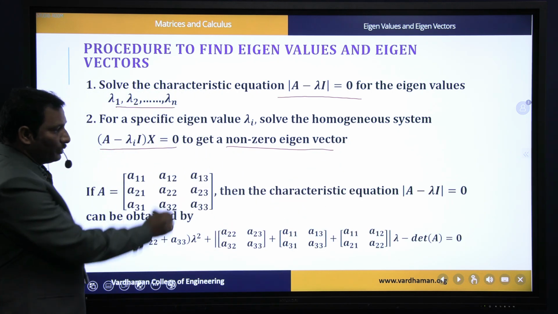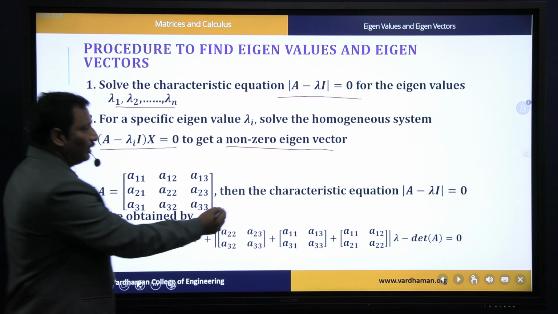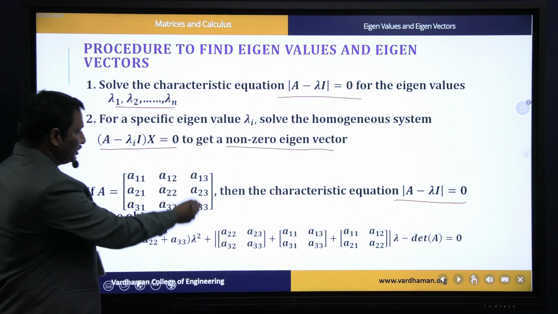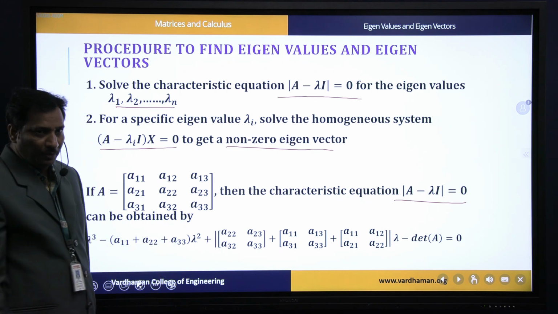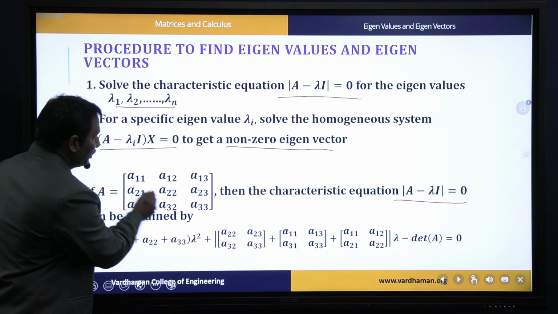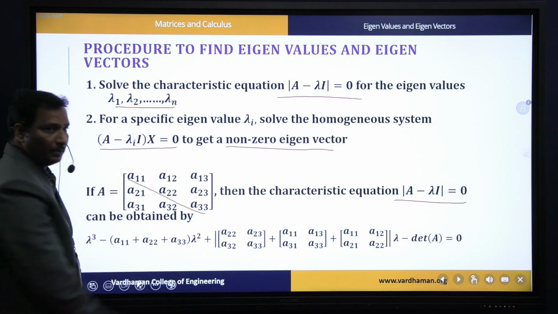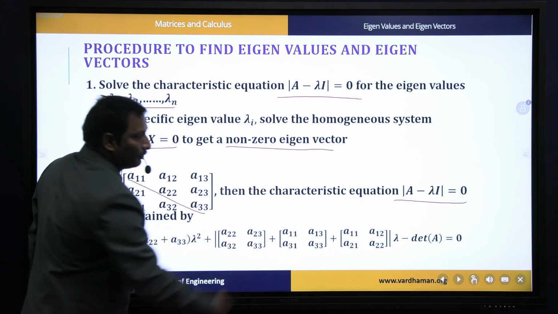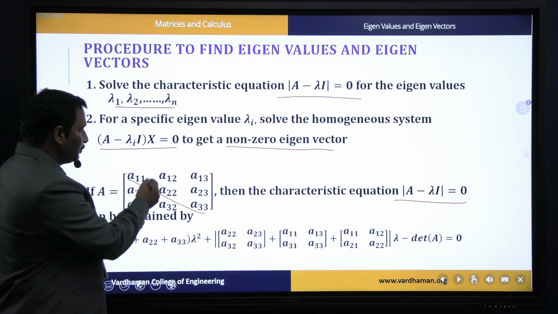This is a shortcut method to find the characteristic equation of a matrix A, where the matrix is a 3 by 3 matrix. It is given as lambda cube minus the trace of the matrix times lambda square, plus the sum of the minors of the principal diagonal elements.